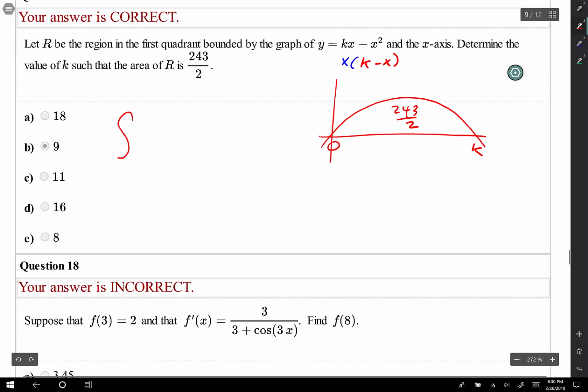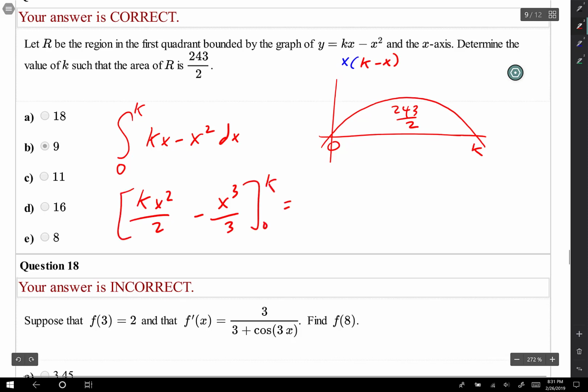So I'm going to integrate from 0 to k that equation, kx minus x squared dx. So antiderivative, kx squared over 2 minus x cubed over 3, evaluated from 0 to k. And that better equal 243 over 2. So here we go, guys.